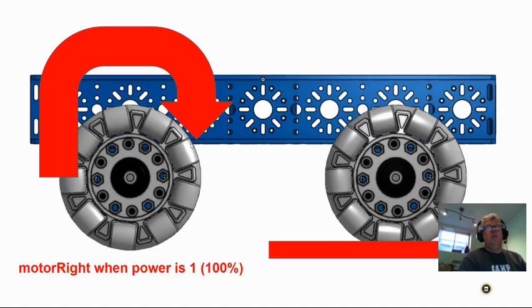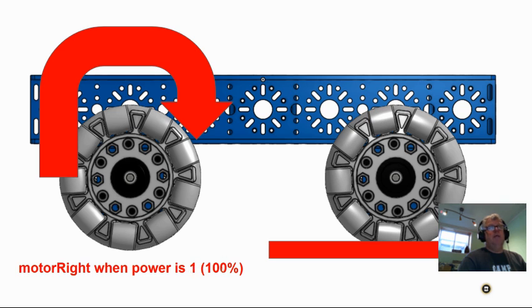When power of 1 is applied to the motor on the right, that's the same as 100%. That will turn the wheel clockwise, and so that will result in the wheel moving forward in that direction. Now, keep in mind, you can use any decimal numbers.